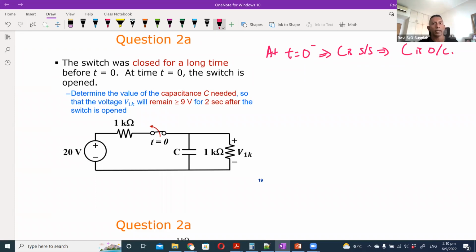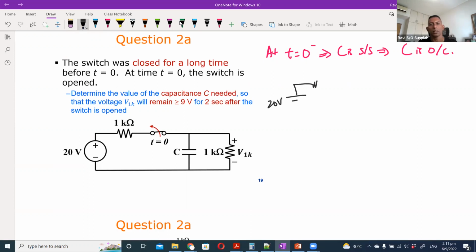So at steady state, at t equals 0 minus, the capacitor is open circuit, and we have achieved steady state in the circuit. Since the capacitor is considered open circuit, you have to redraw the circuit.